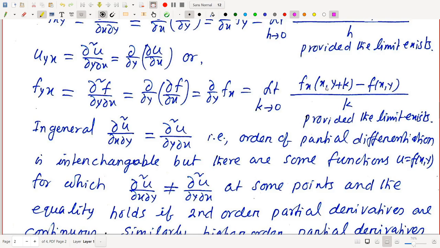So f suffix x at the point (x, y plus k) minus, here it should be x again, one x is there, f suffix x of (x, y), divided by k, because the function here is f suffix x, the partial derivative with respect to x at the point (x, y plus k) minus the partial derivative with respect to x at the point (x, y), divided by k, provided the limit exists.